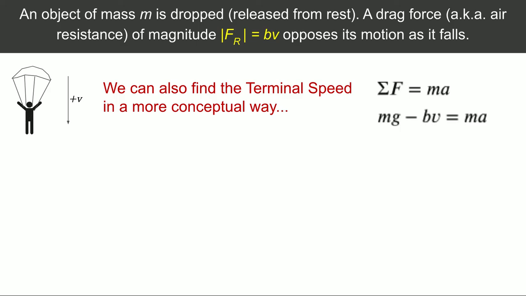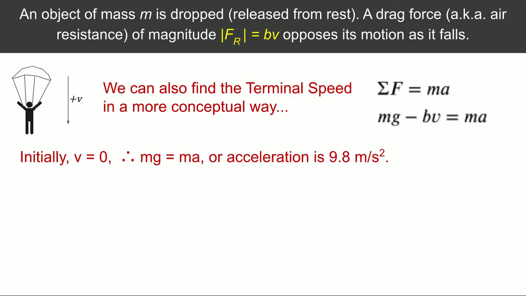So rather than thinking about a as being a differential, let's just think about it as acceleration. Now initially, your velocity is 0 because this object was dropped. And that means that b times 0 is 0, and our equation would just be mg equals ma. Our acceleration is 9.8.